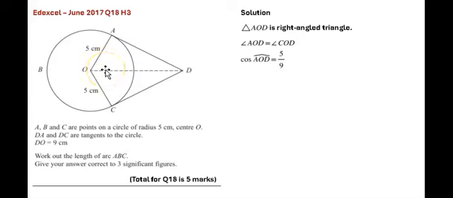Cosine is the adjacent side over hypotenuse. So it's 5/9. From there, we can find using a calculator how much is AOD. It's cosine minus 1 of 5/9.